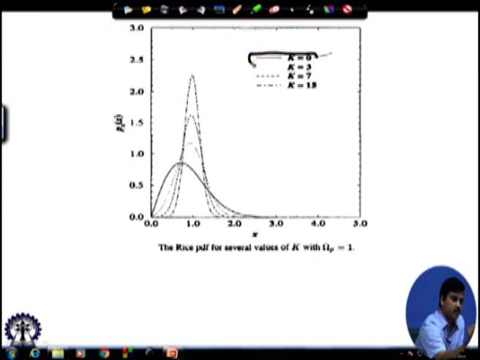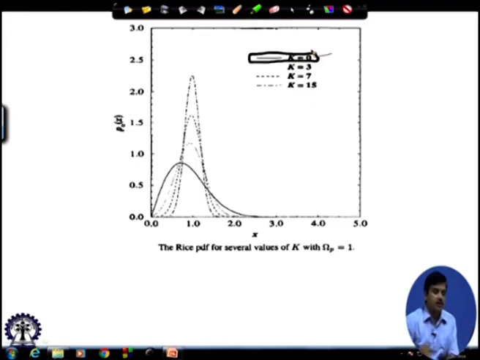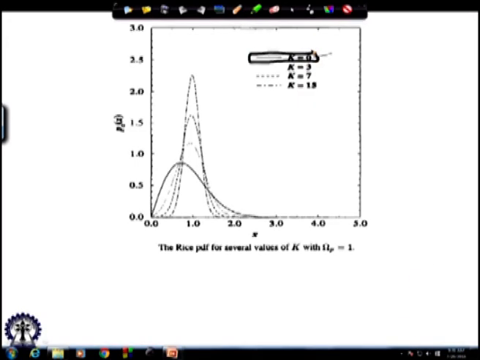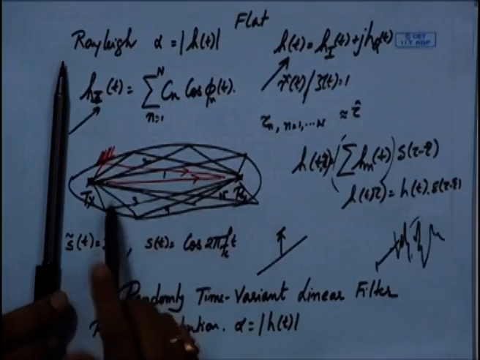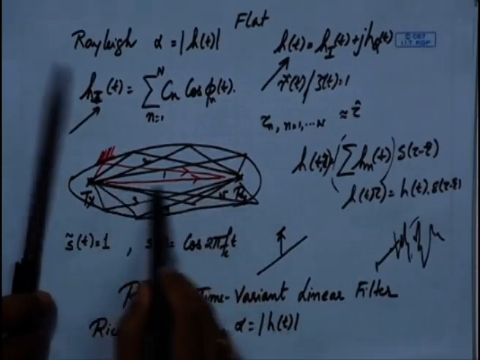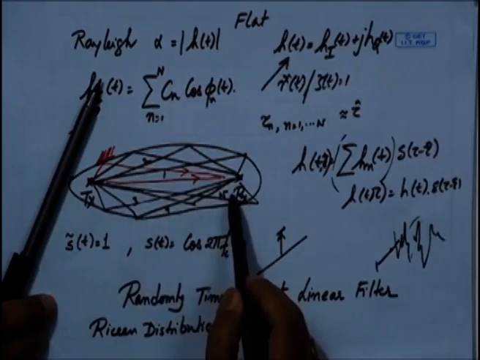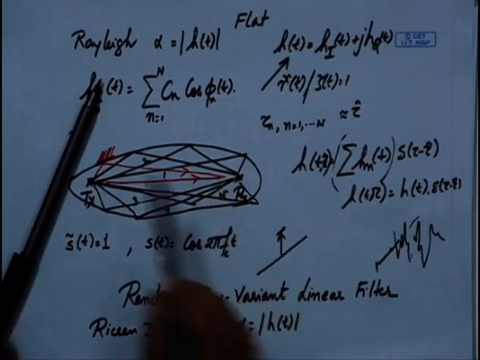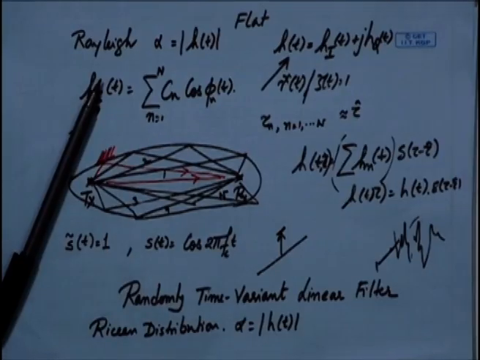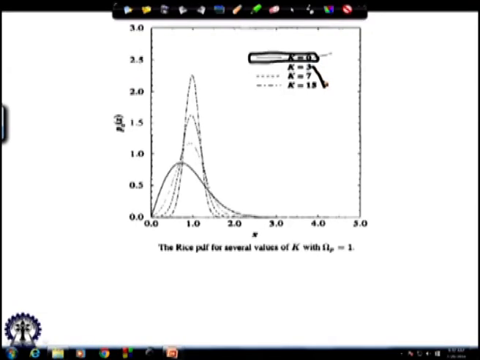When k is equal to 0, that means the weight of the Rician component is 0. That means there is nothing in the specular component, and we are left with all reflected paths, and what we end up with is a Rayleigh distribution.